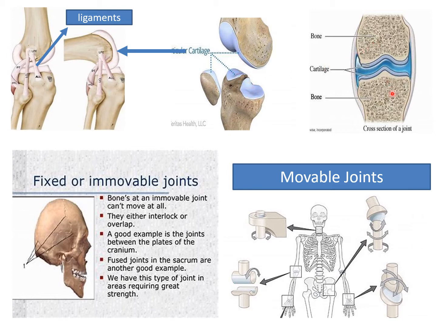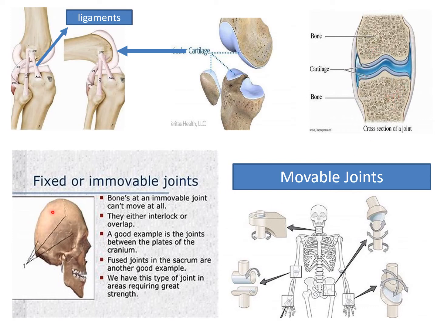In this also you can see two bones and the cartilage is in the center. This is a cross section of a joint. You can see this wavy line on this side and this wavy line on this side. This is cartilage, and this blue liquid is lubricating liquid which is filled in the center of the two joints.